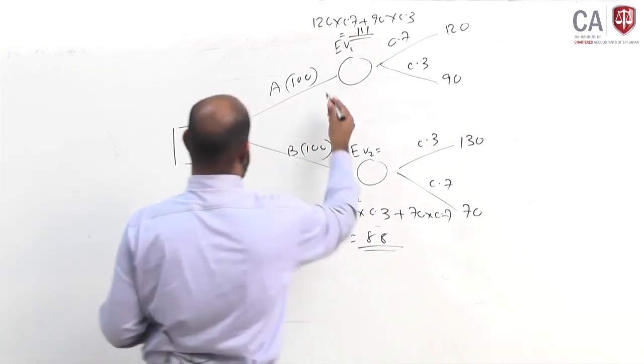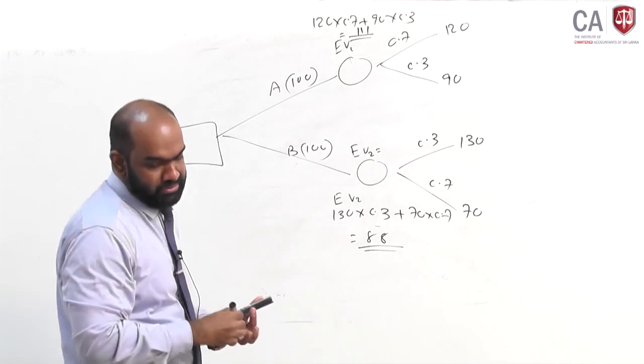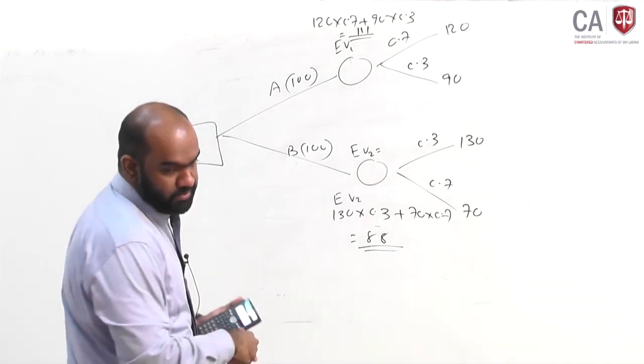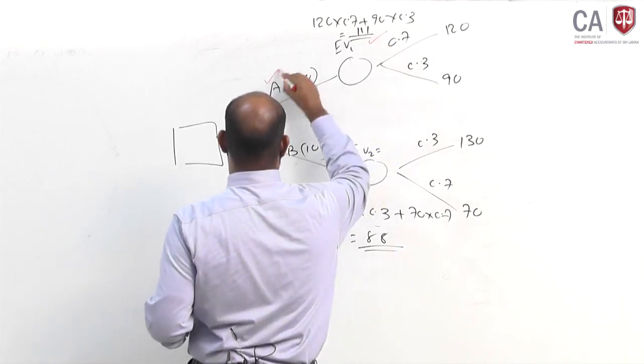So if you look at the net outcome of these two, the highest value is expected value 1. So definitely A seems to be better.